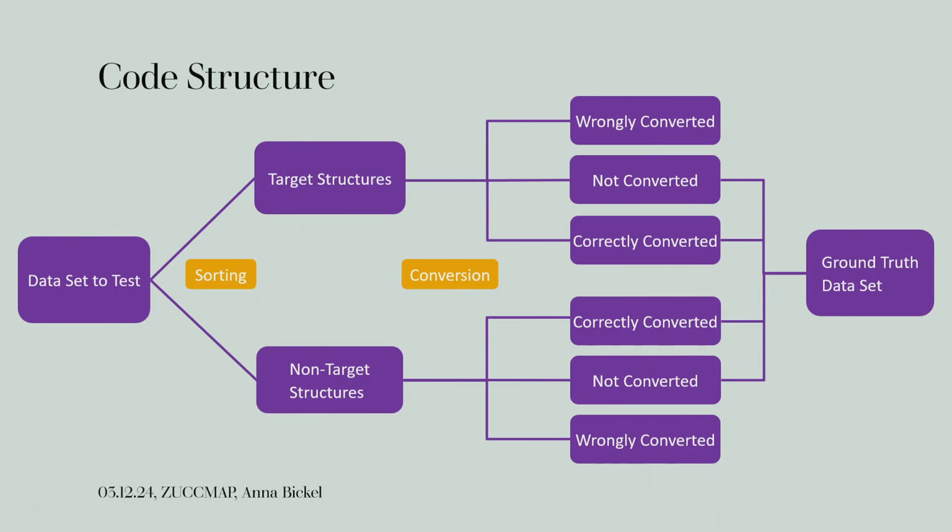So they could either just be wrong, which happens, so nothing really happens. We just retest the word at a later stage. We have correctly converted names, which is great, and we do not do anything with them. And then there are the not converted names, which are things like the CZ Tech, which we just decide to not convert because they're either not useful for research, or not useful structures, or we just don't know what they mean.